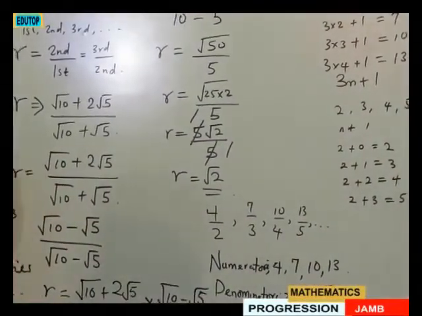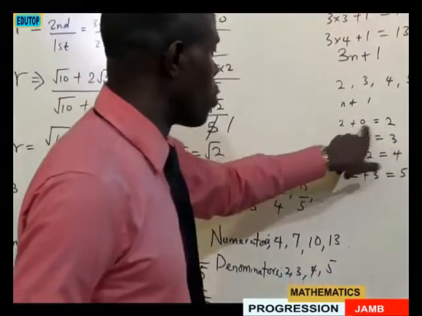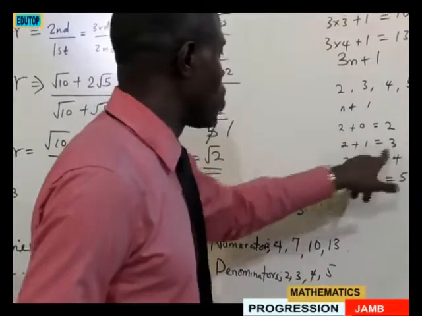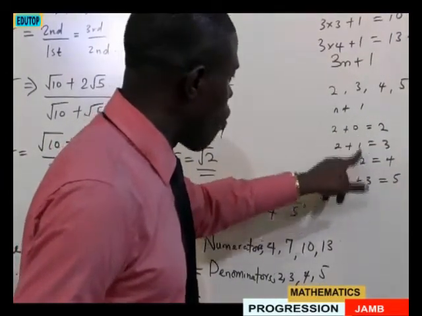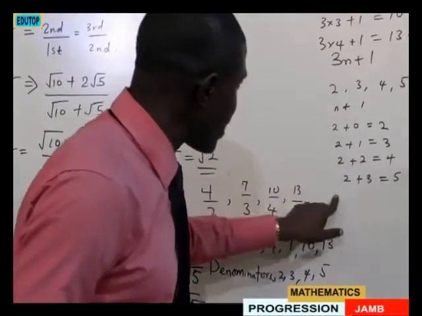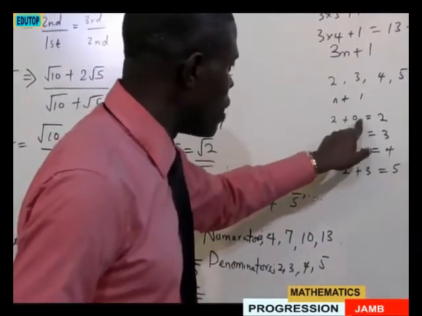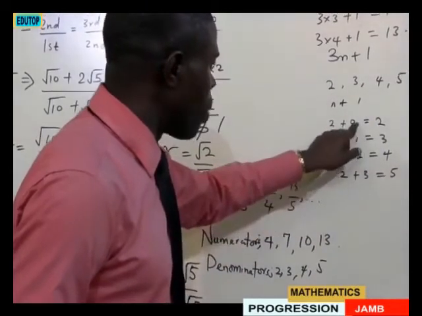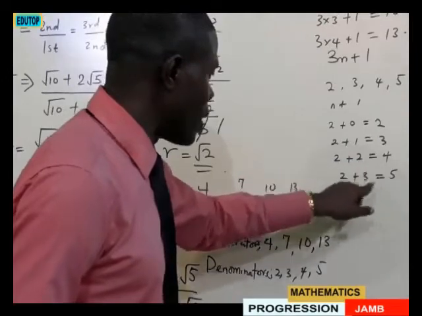So in this situation, I have 2 plus 0, 2. 2 plus 1. So what's the trend? There is an increase of 1, because these ones are constant terms. When you add 1 to this, you have 1 plus 0, 1. 1 plus 1, 2. 2 plus 1, 3. You can see.